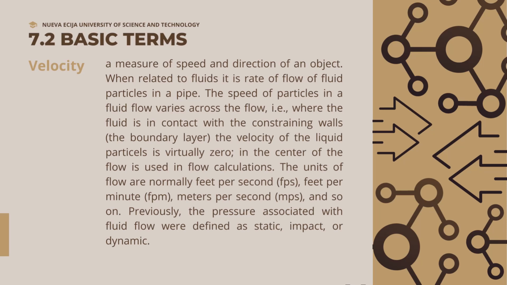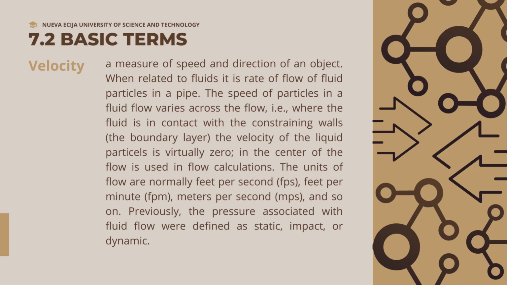The velocity of the liquid particles is virtually zero. In the center of flow is used in flow calculations. The units of flow are normally feet per second or FPS, feet per minute or FPM, meter per second or MPS, and so on.